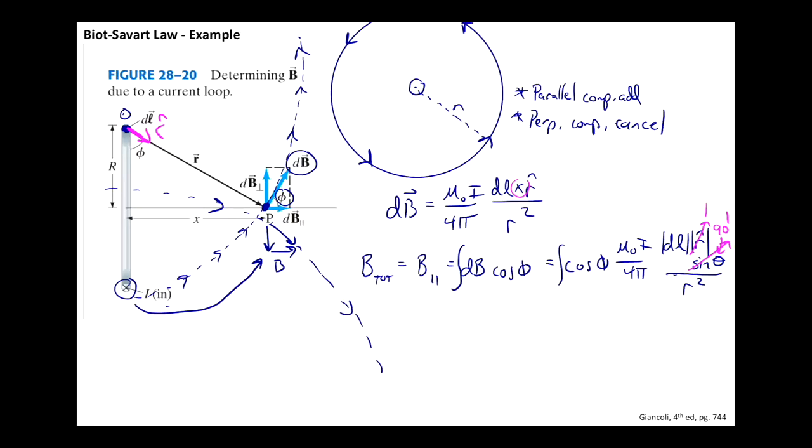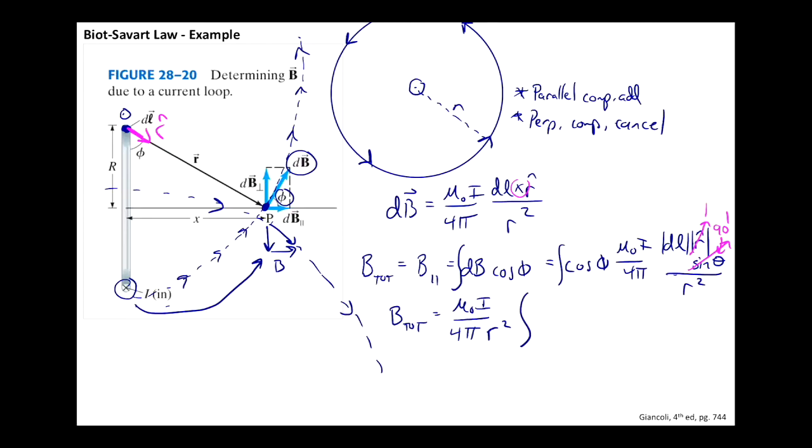What's that? Mu naught. I like mu naught. So we'll take out the mu naught and the I and the 4 pi. What else? R squared is also constant. I would agree with that. Anything else? Let's leave it at that for right now.